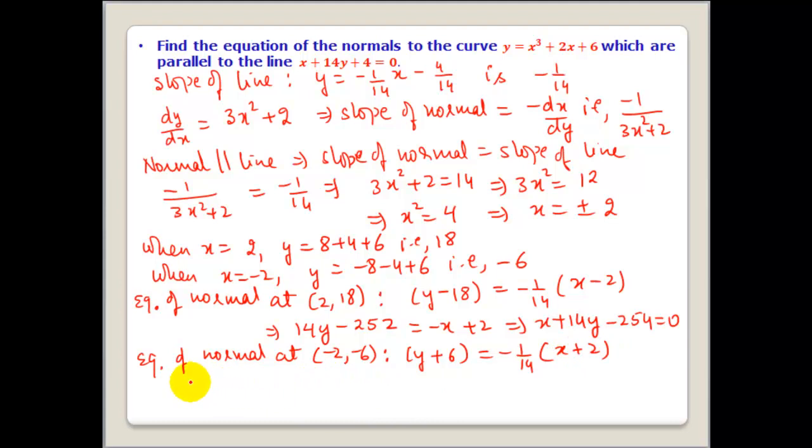On solving this, we get 14y plus 84 is equal to minus x minus 2, which on simplification further gives us x plus 14y plus 86 is equal to 0. So you can see two possible equations of normal we could find, because there were 2 points at which if the normal was drawn, it was parallel to the given line.